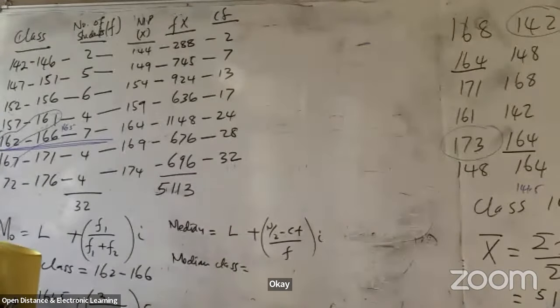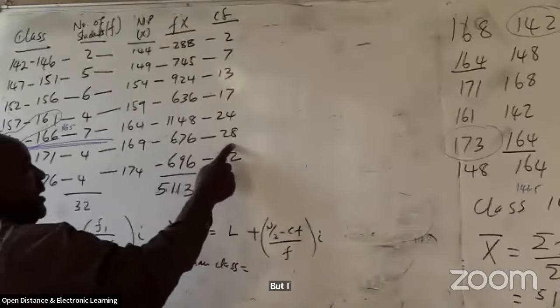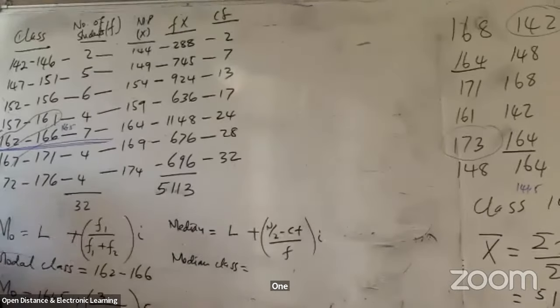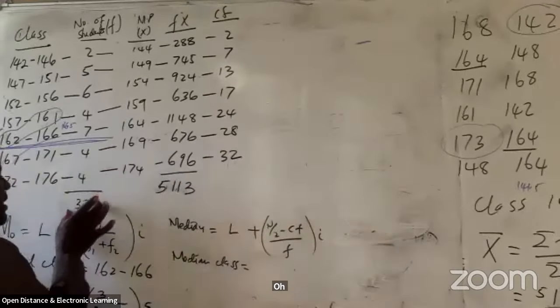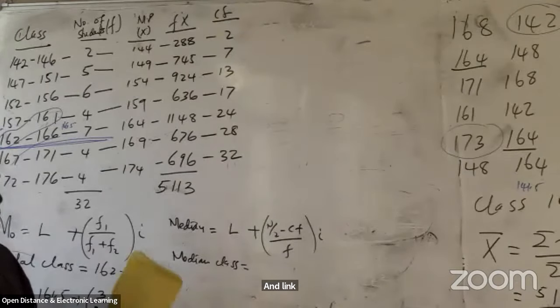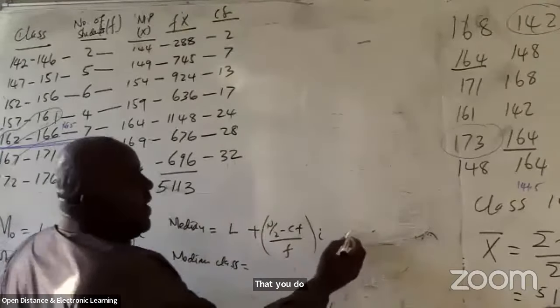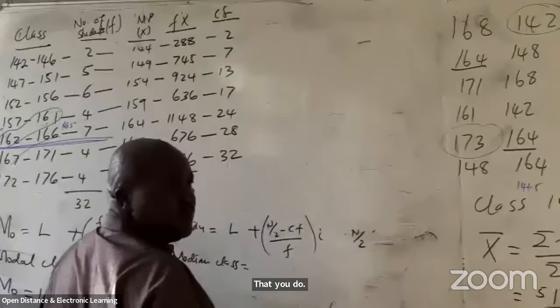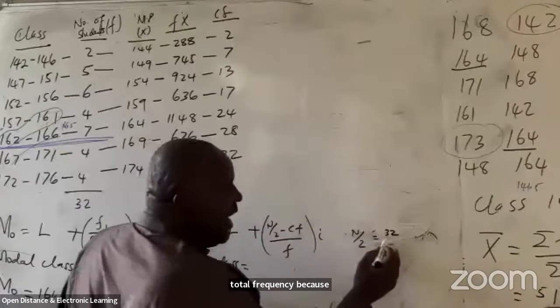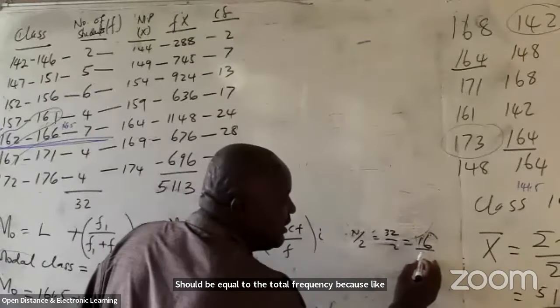Notice that the value we get here should be equal to the total frequency because we are accumulating all of them. So this value and this value should be the same. Now, what are we left with? We are left with identifying the n over 2 item. Our n here is 32. Divide by 2, this gives you 16.